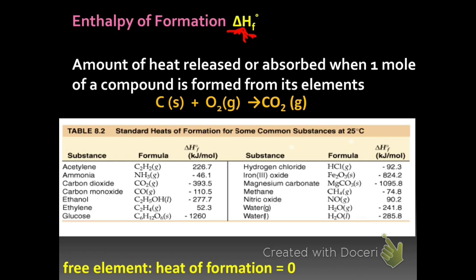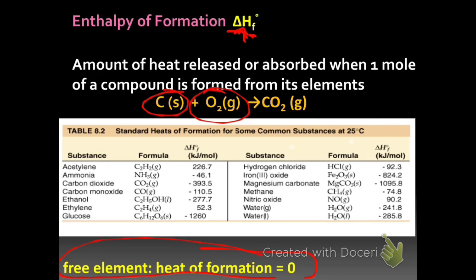Like the carbon and the oxygen in the equation. Those are free elements. Even though that's O2, it's still a single element, therefore it's free. Free elements are always equal to 0, because it doesn't take anything to make them. They already come that way.